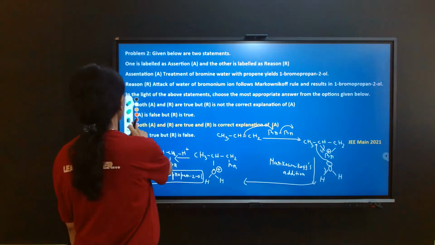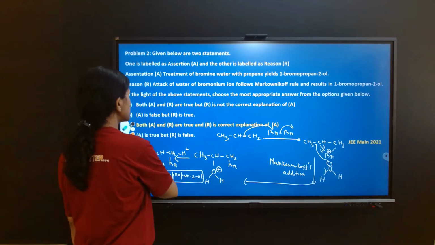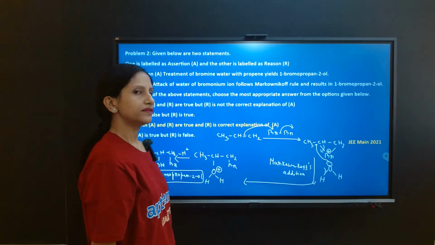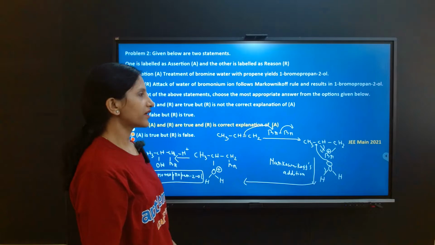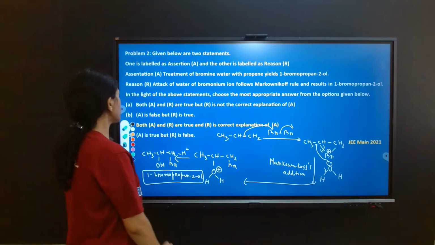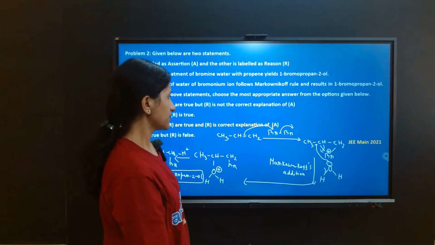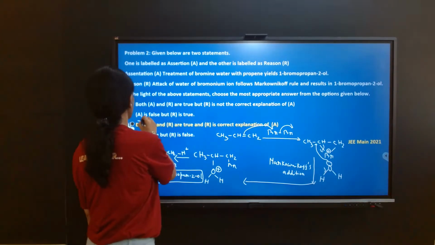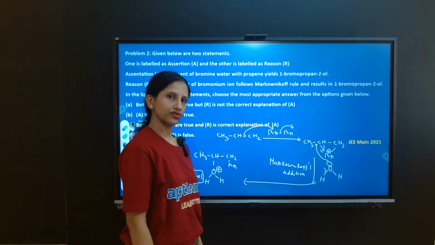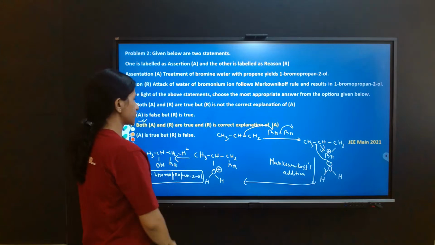So both our assertion and the reason are true, and the reason R is the correct explanation of A. So option C is the correct option. Both A and R are true, and R is the correct explanation of A.